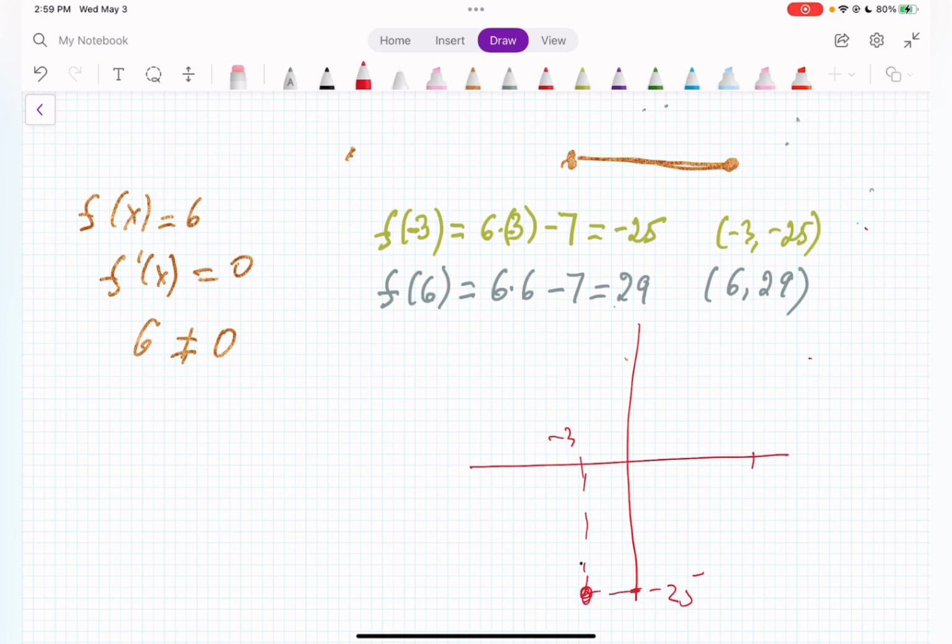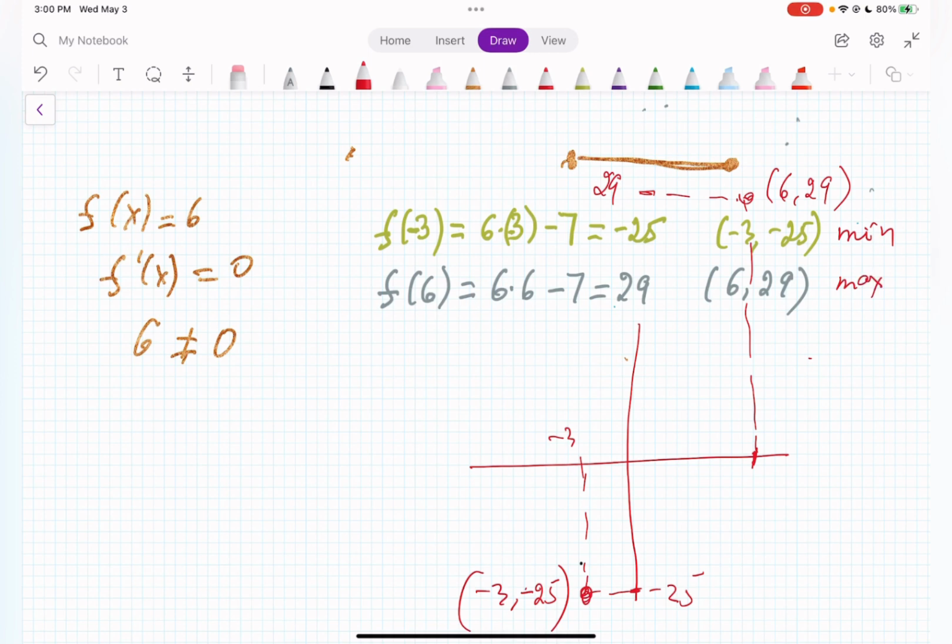And positive 6 and positive 29, let's say it's somewhere even higher. Obviously, negative 3, negative 25 is going to be the minimum. And 6 and 29 is going to be the maximum.